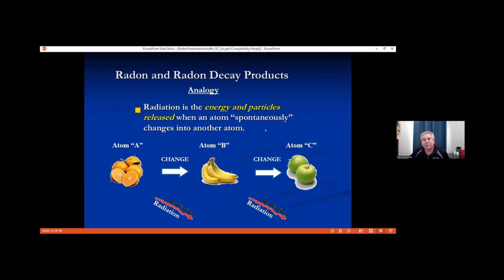So it actually changes into apples, atom C. And each time that occurs, radiation is released. Some kind of energy is released. And typically that energy is what's going to be dangerous for our health. So we go from a drastic change like we see here in the atomic world. When we talk about radon, it's the same thing. It's going to be a drastic change. It's going to change from a gas to a metal. That's how drastic a change is going to be.